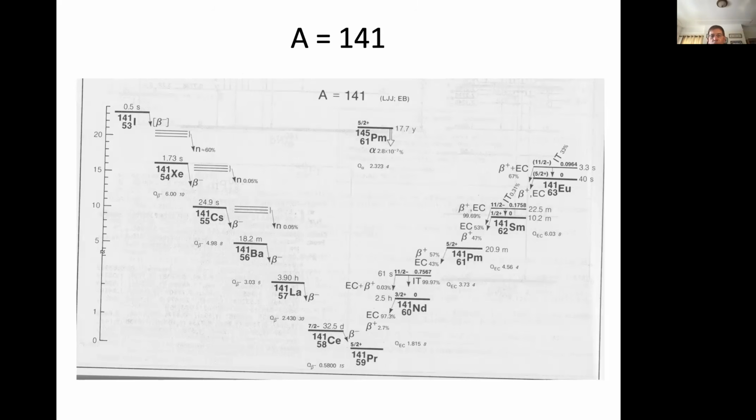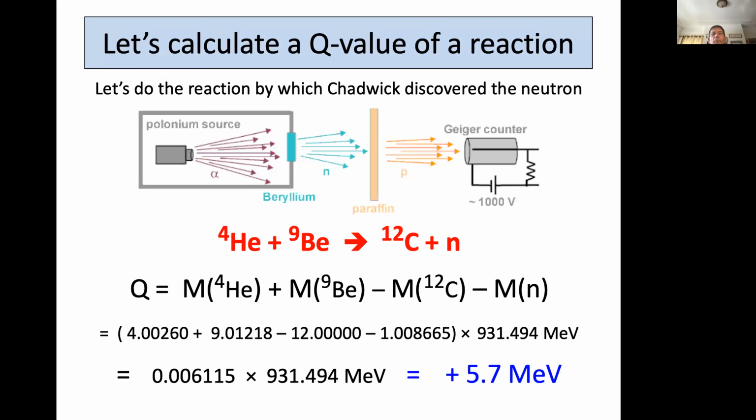Okay, so let's actually do a calculation. My Los Alamos colleagues know very well one of my dear friends, Mark Chadwick, who is, I'm trying to think whether he is the grandson or the great-grandson of James Chadwick, a very famous nuclear physicist of the 20th century, who discovered the neutron.